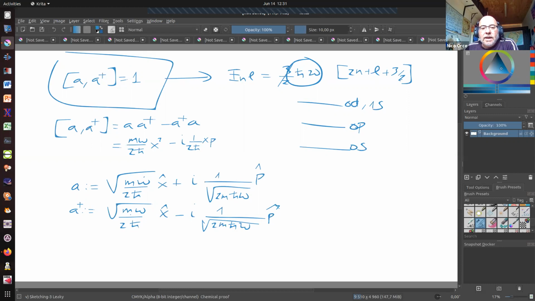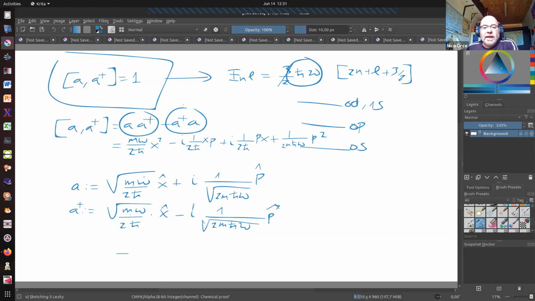This one, and then we have this one, plus i, again, 1 over square root of 2m h bar omega, the m omega over 2h bar, sorry, px plus this multiplied by this, i squared minus 1 minus plus, that will be 1 over 2m h bar omega p squared, right? And that will be this guy here. If we do this guy here now, let's go do it down there.